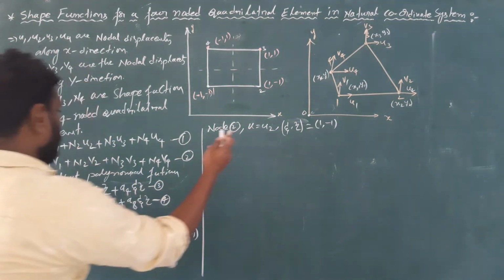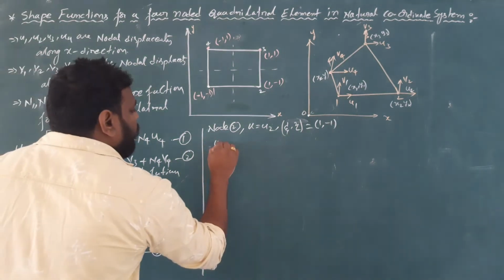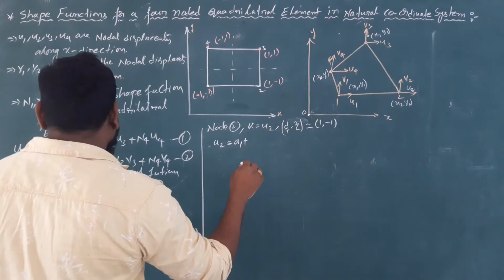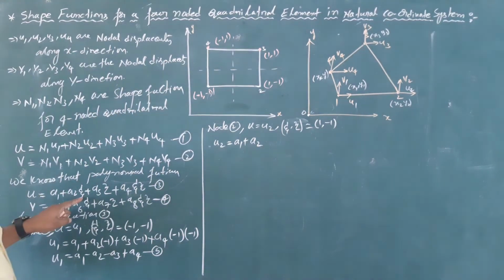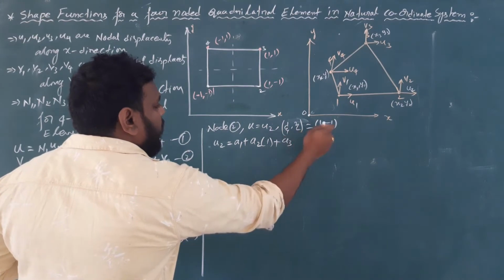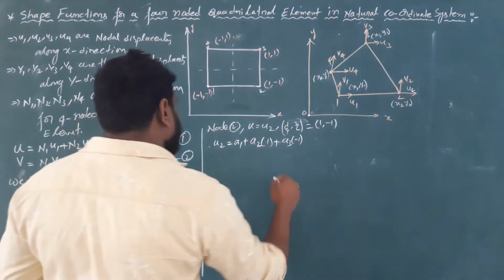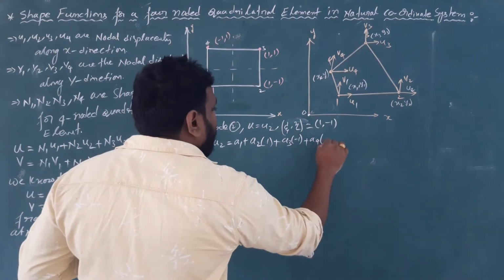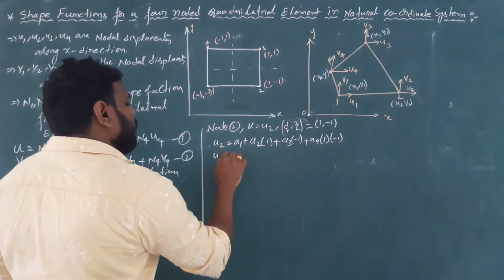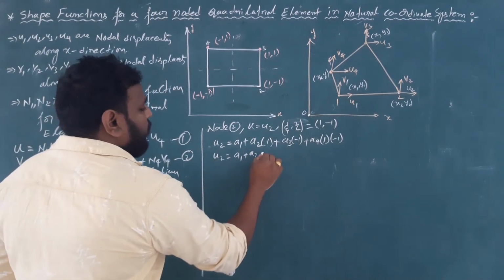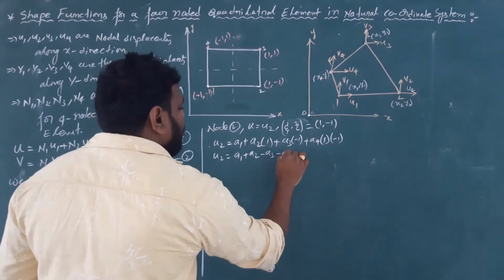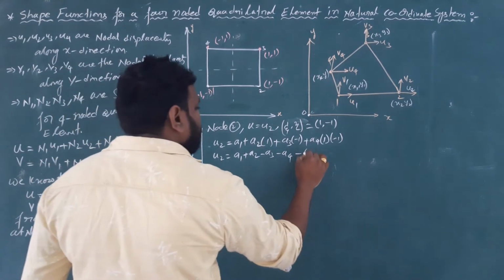We will get u2 = a1 + a2 times 1 + a3 times η value -1 + a4 times ξ into η, that is 1 into -1. Simplifying, u2 = a1 + a2 - a3 - a4. This is equation number 6.